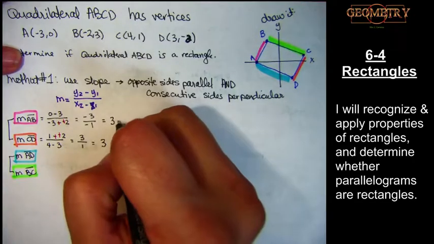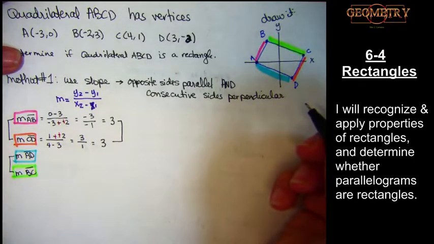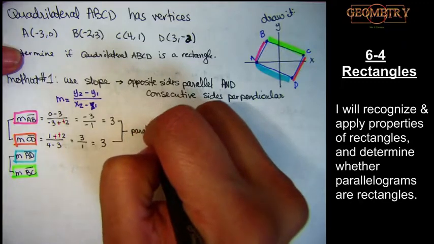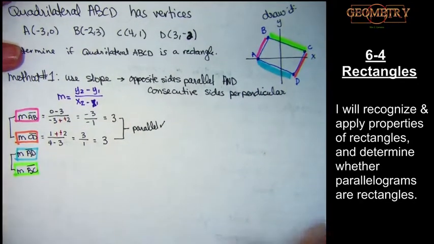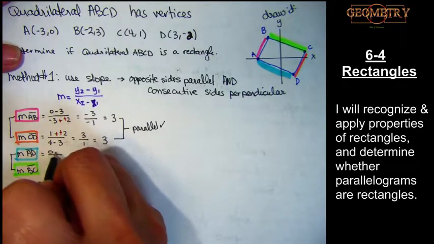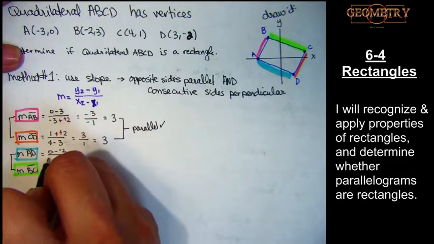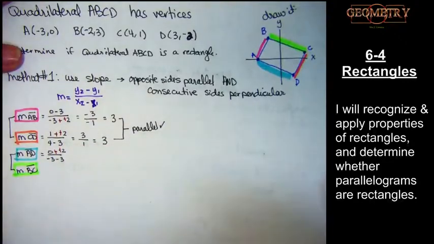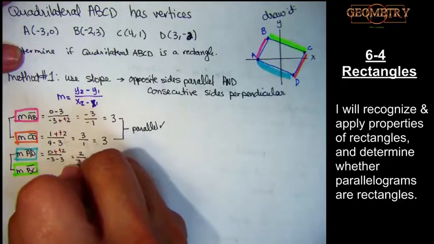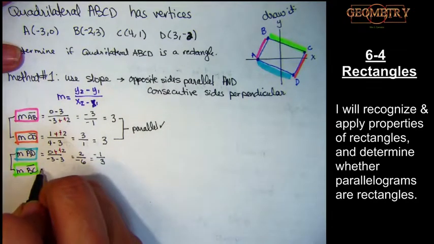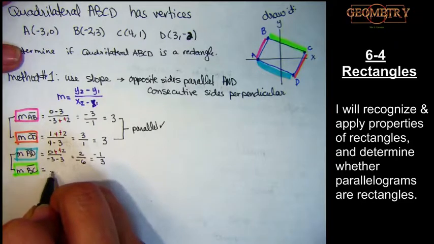Okay, we're comparing these two again. Are they the same? Yes, the slopes are equal, so these are parallel. Good. We're going to check the other set of lines now, AD and then BC.